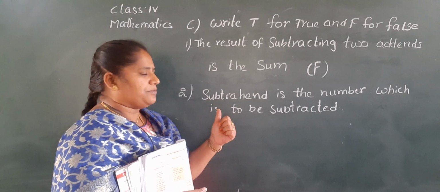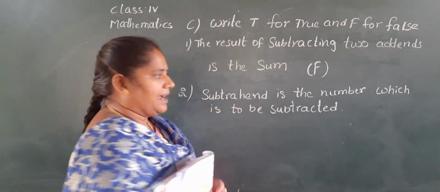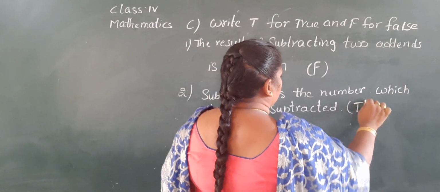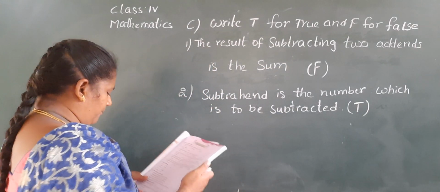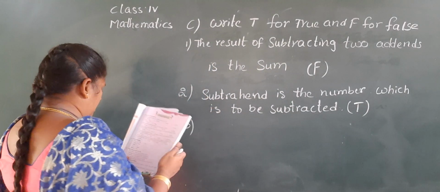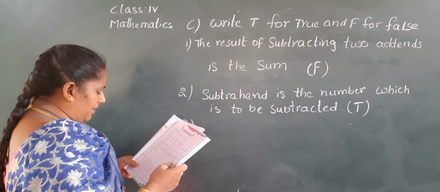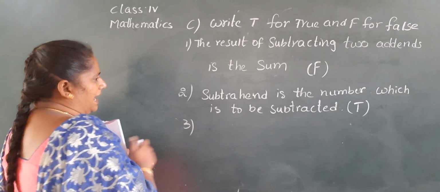Yes, the number which is to be subtracted is called the subtrahend. Yes, this statement is correct. So I will keep T, true.